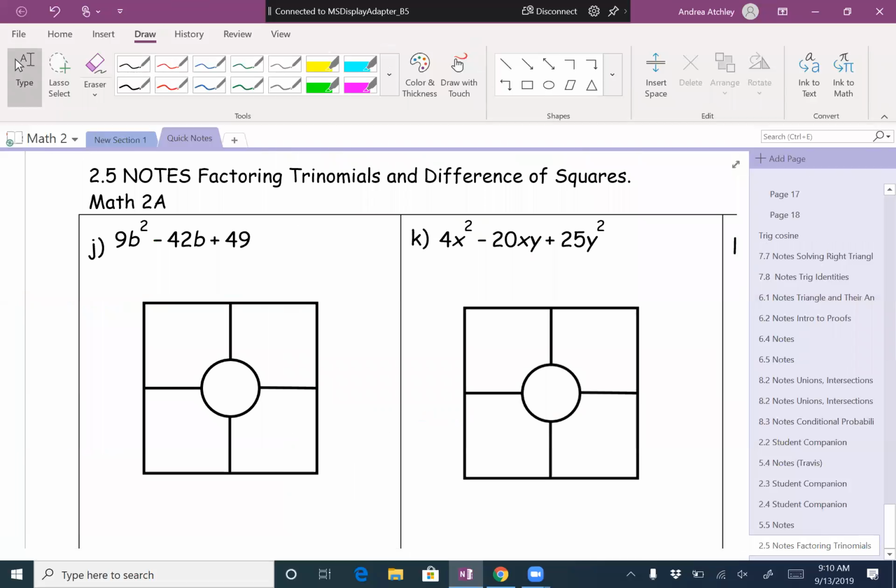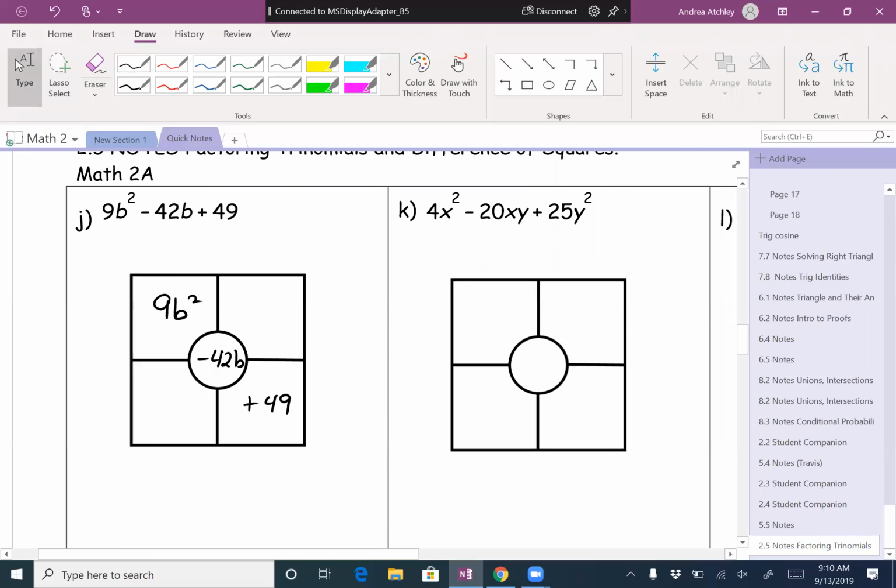Okay, on the back. So what multiplies to 9b squared? 3b times 3b.